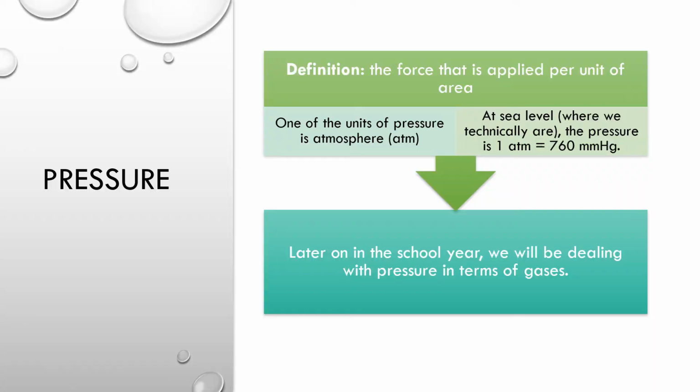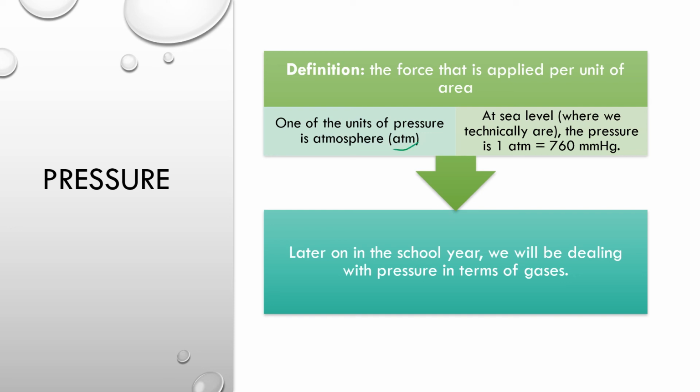The last slide, information slide, I guess, for this lecture is just getting some more detail about what pressure actually is. But we'll talk about it more when we talk about gases later on in the school year. So pressure, just the general definition, is the force that is applied per unit of area. One of the units of pressure is atmospheres, ATM.